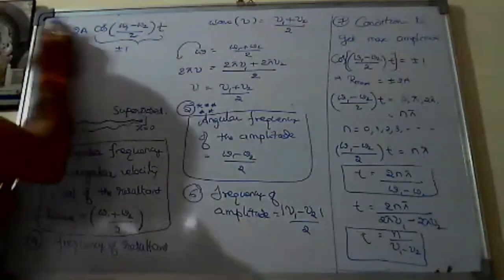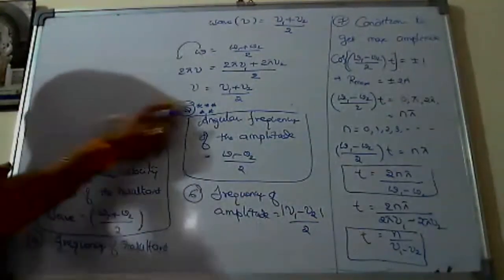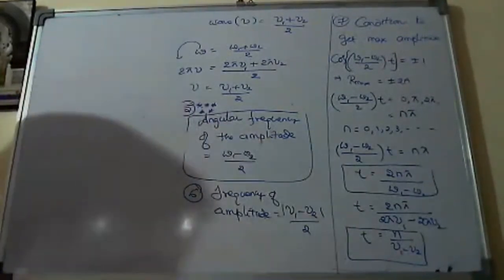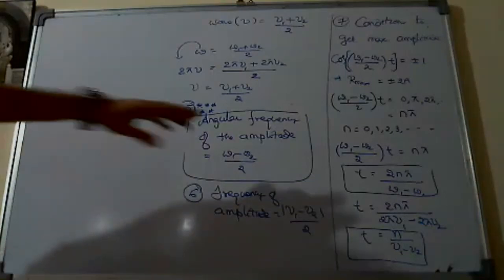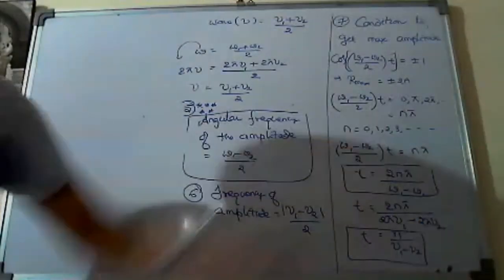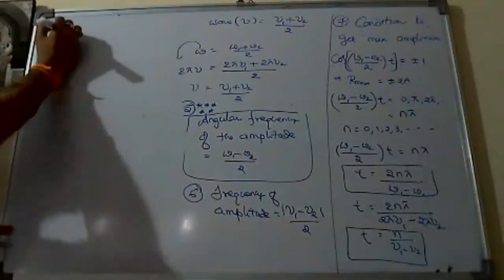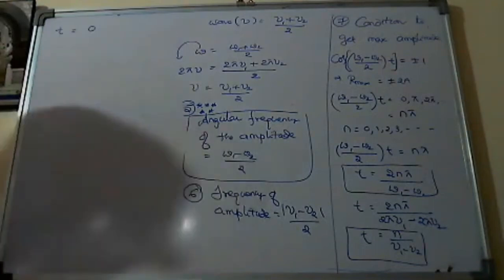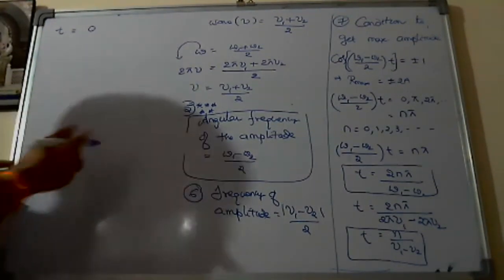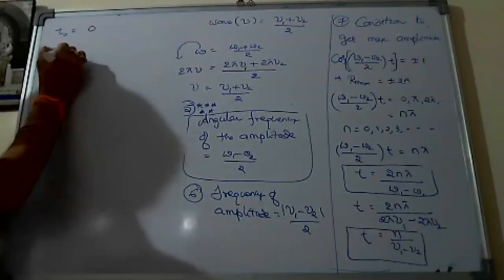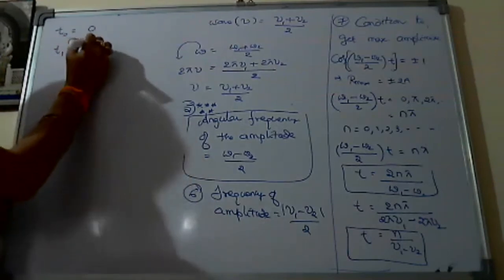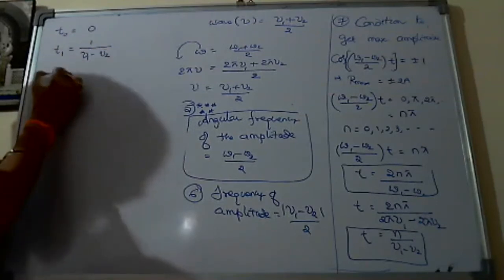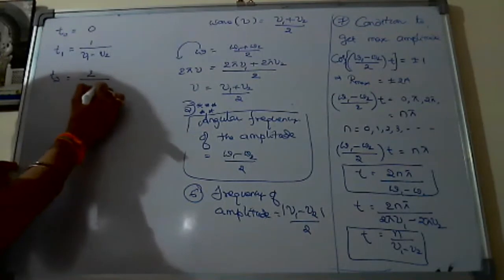Now directly put the values n equals 0, 1, 2, 3, and so on. You will get the first t equals 0, then t equals 1 by (nu 1 minus nu 2), then 2 by (nu 1 minus nu 2), and likewise so on.